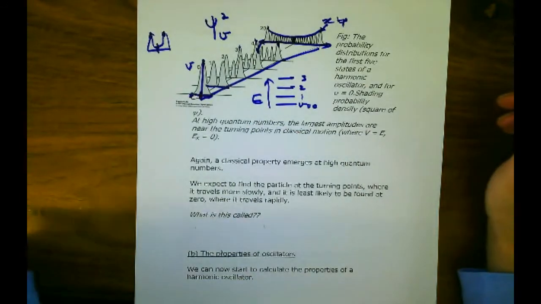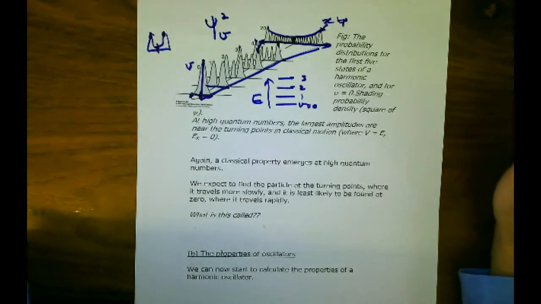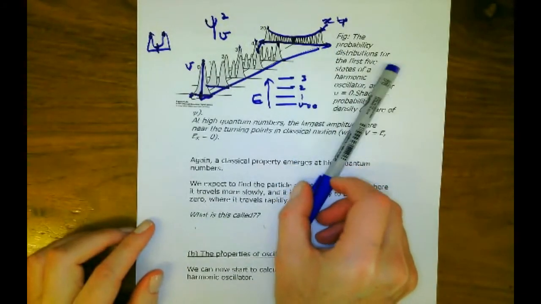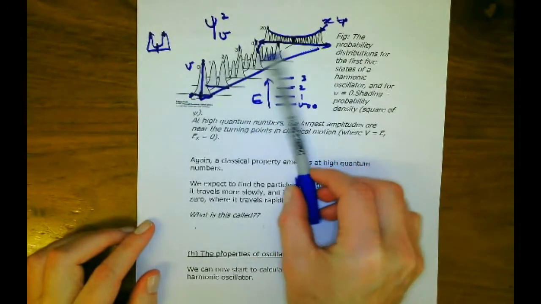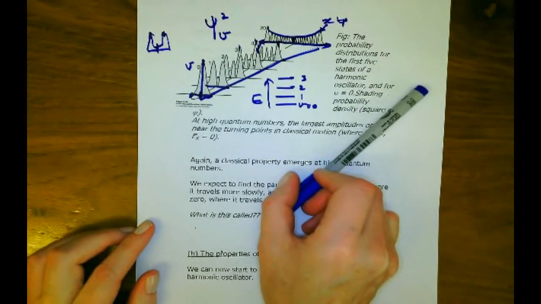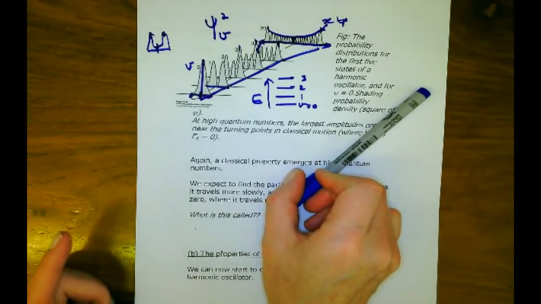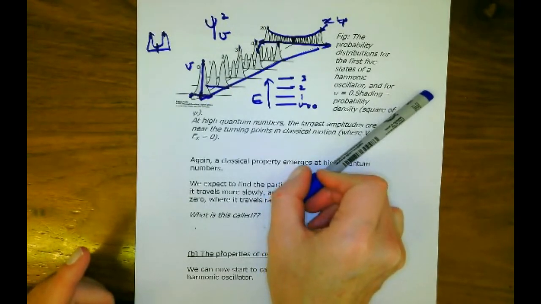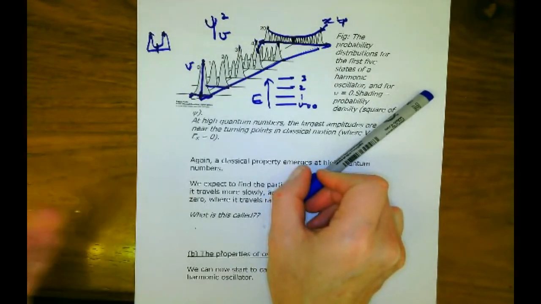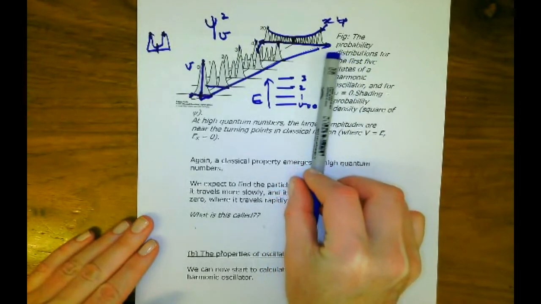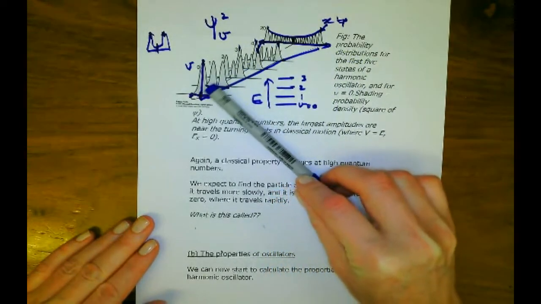And this is actually again an example of the correspondence principle. Why? If you think about something oscillating in classical mechanics, the moment it reaches the turning point, it stops for a second. It only has potential energy, no kinetic energy, and it actually spends more time there because it slows down, compared to the equilibrium position where it's moving very fast.